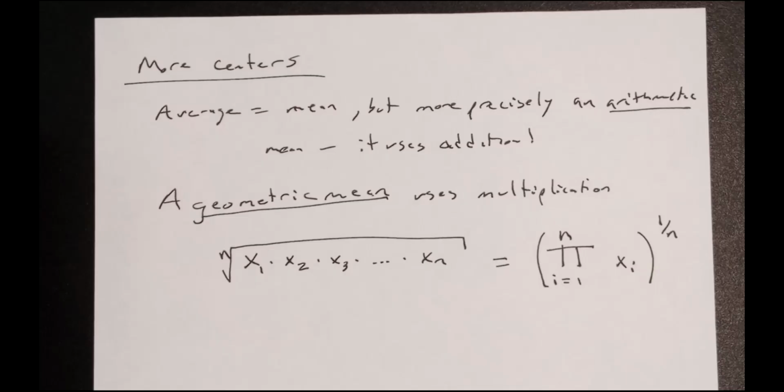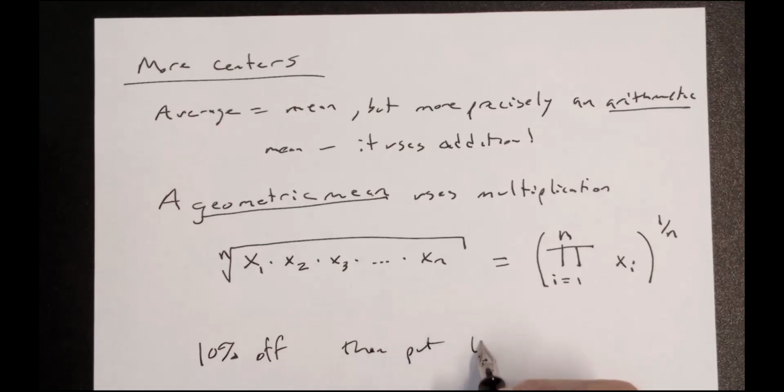What's 10% of $90? Be 9, so if I raise it, it'd be 99, right? Wait a second. I say take 10% off and then put 10% back on. Did I end up back where I started?